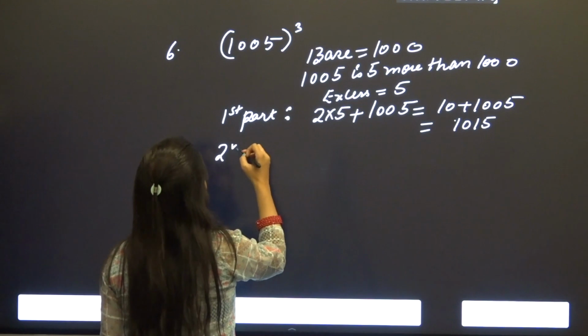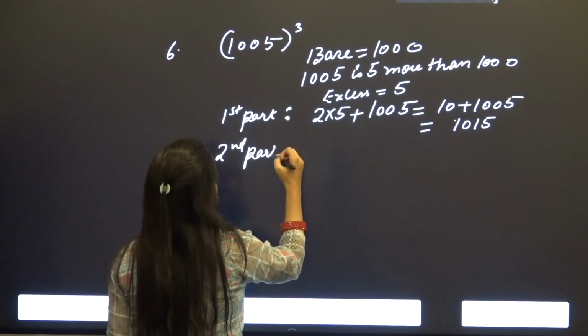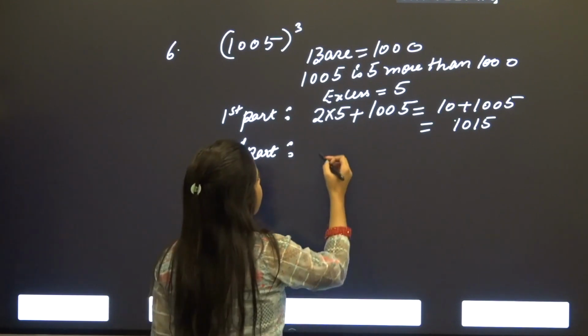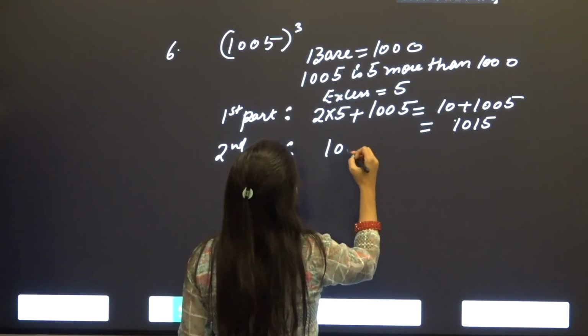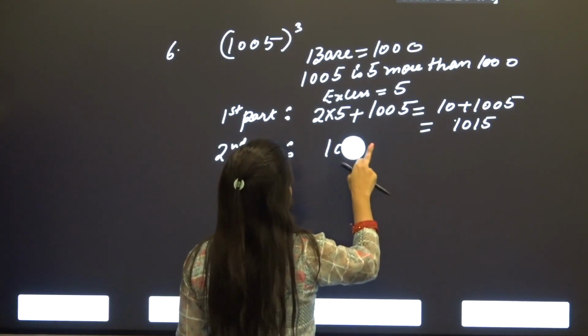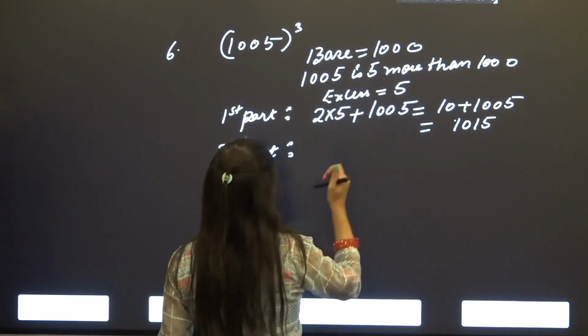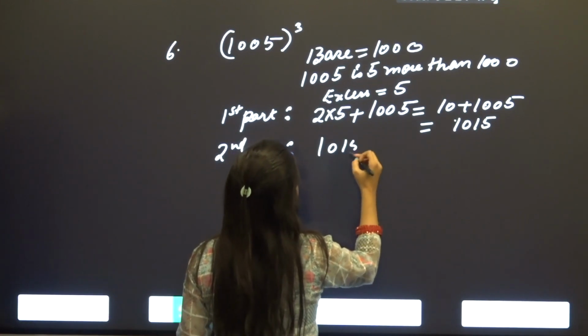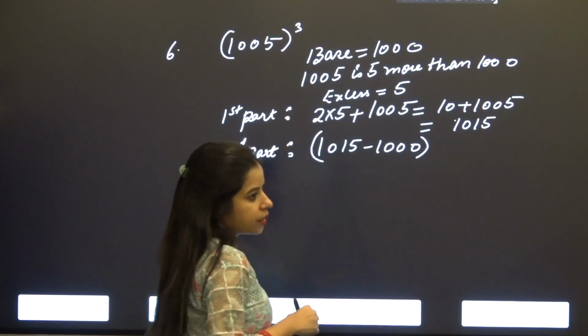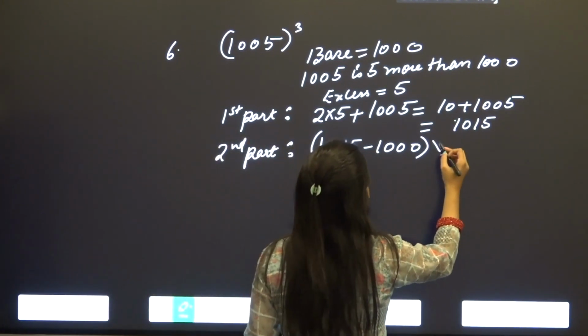For the second part, take the number obtained from the first part and subtract the base, which is 1000, from it. So, this is 1015 minus 1000 and multiply the resultant with the excess, which is 5.